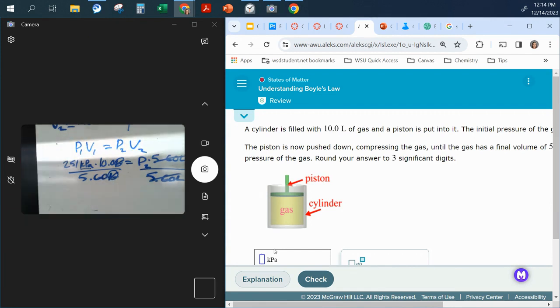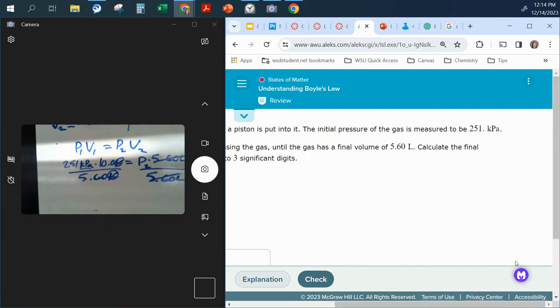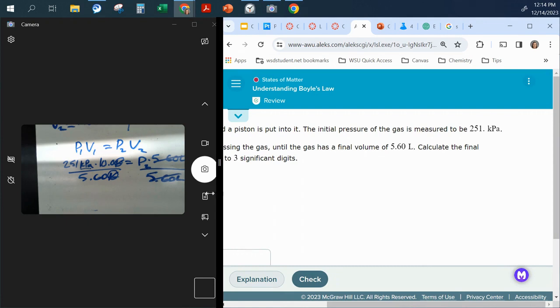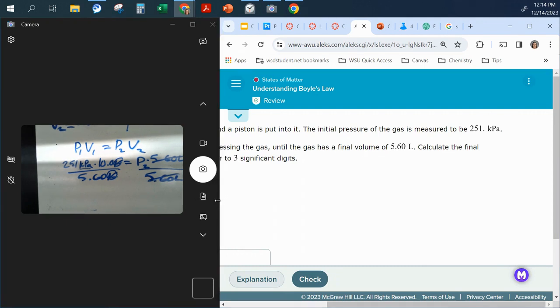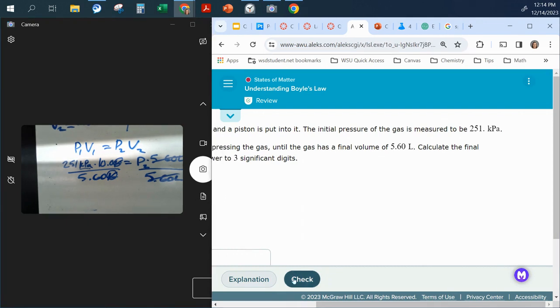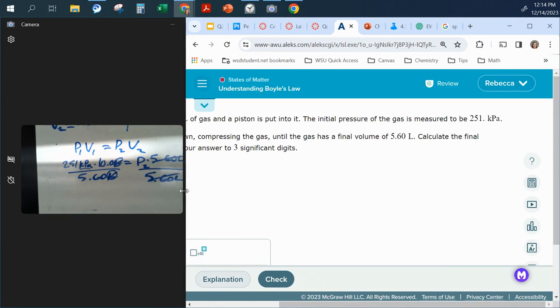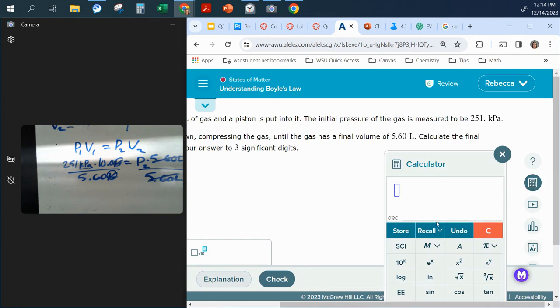Let's do that on the calculator. Up here. We've got 251 times 10 divided by 5.6.